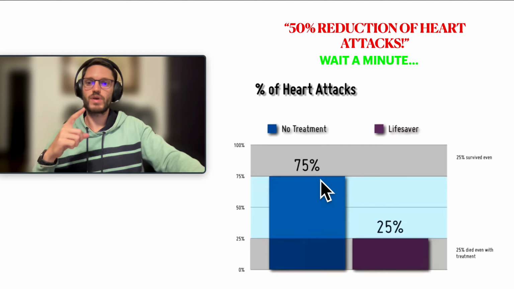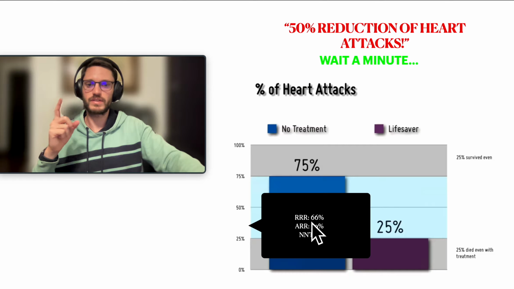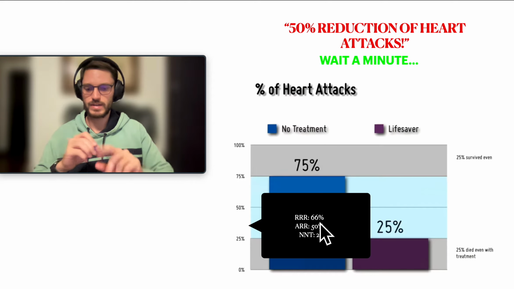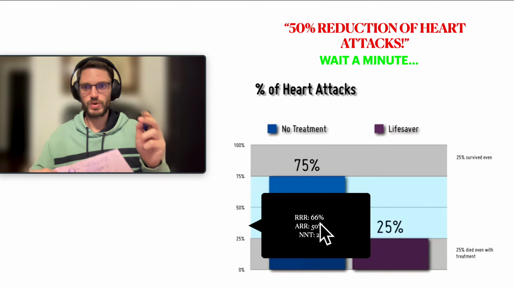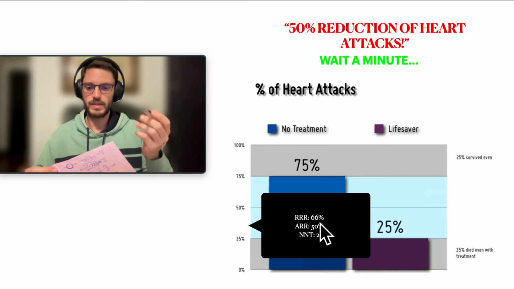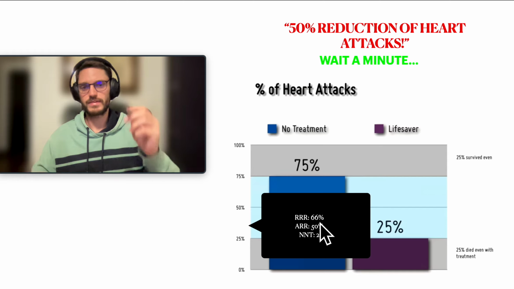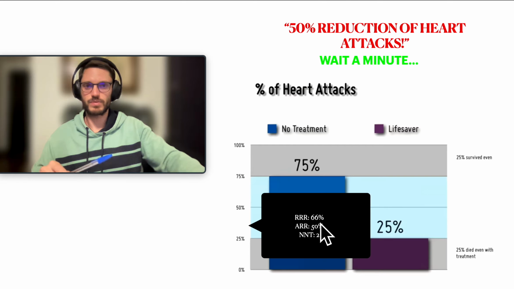That would give you the relative risk reduction, and that would give you a number much higher, 66%. So for example, you would do 75 minus 25% gives you 50%, over 75% or 0.75, that's the way we got to 66%.